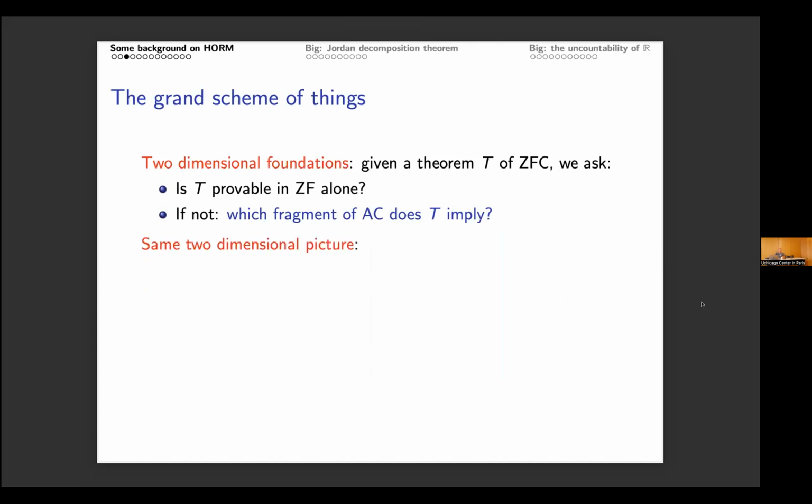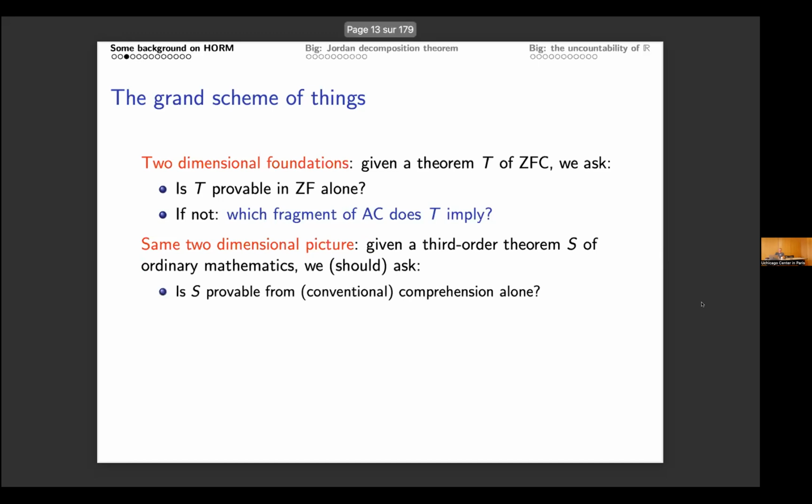The same two-dimensional picture. Namely, let's say we have S, a theorem formulated in the language of third order arithmetic, ordinary math. And we ask ourselves, or we should be asking ourselves the following questions. Is S provable from conventional comprehension alone? Conventional comprehension and its higher order counterparts, you know.